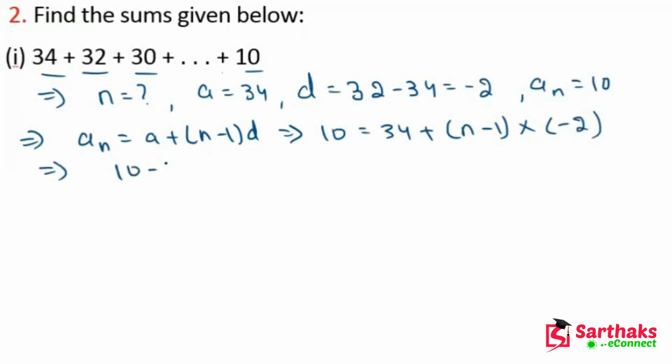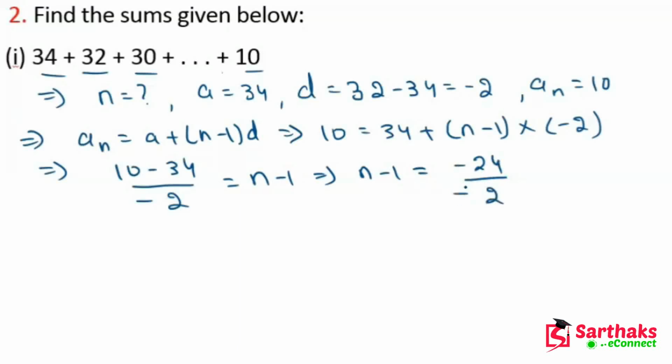Now 10 minus 34 divided by minus 2 is equal to n minus 1. So n minus 1 is equal to minus 24 divided by minus 2, which is 12. So the value of n is 12 plus 1, which is 13.